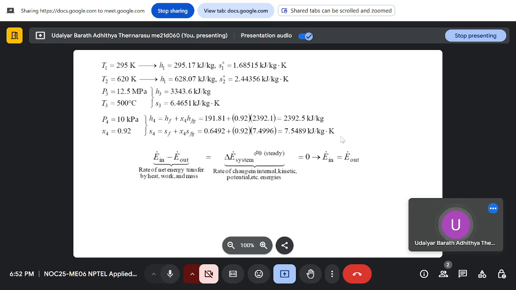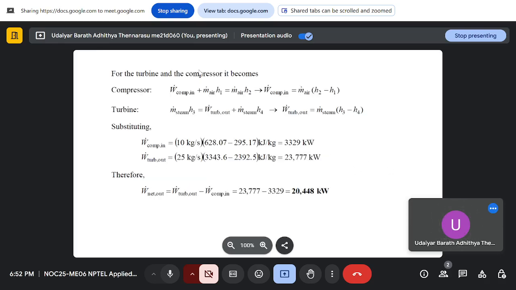Applying the energy equation, energy in minus energy out is the rate of change of system energy. Since it is steady, energy in equals energy out. For the compressor, work in plus m dot of air H1 equals m dot of air H2, so compressor work in is m dot of air times H2 minus H1.